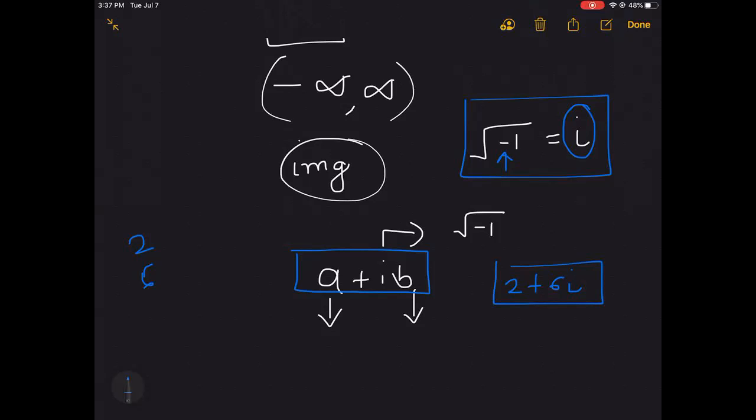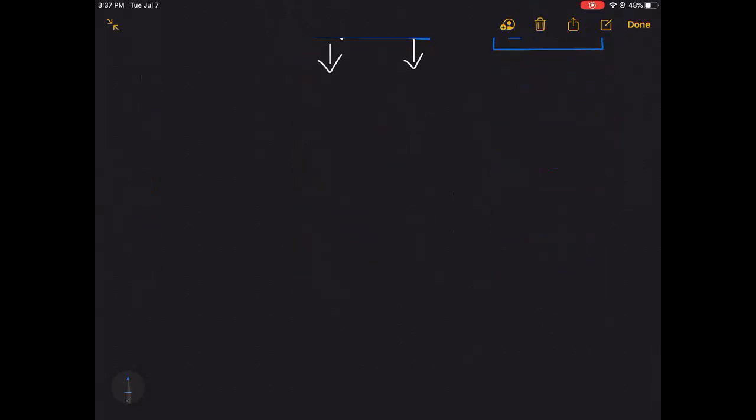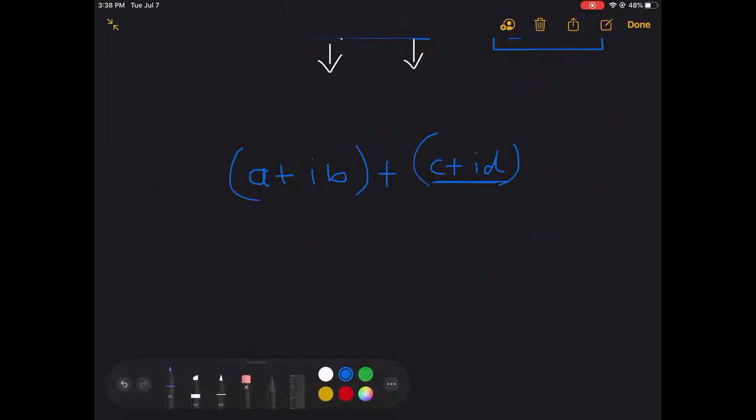So first of all, a complex number, as I said, is of this format. Okay, if you add another complex number to it, let's say c plus id, that's a complex number as well. Now if you want to add them, the idea is, if you remember from Math 95, even when you got the idea of adding two real numbers, it's the same idea, to be honest.